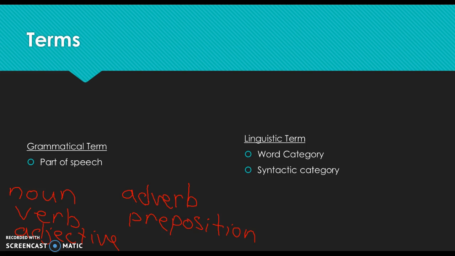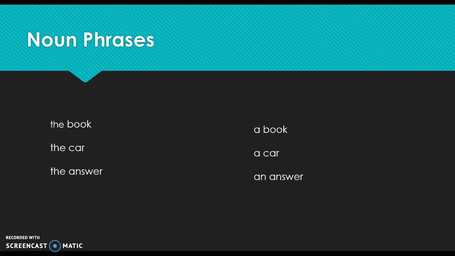Those two different terms just reflect a difference in the linguist's framework: if the word's part of speech inherently includes its category, or if that is maybe better understood outside of the word and in the phrase or sentence structure. Okay, so now that we went through those terms, let's look more into noun phrases.